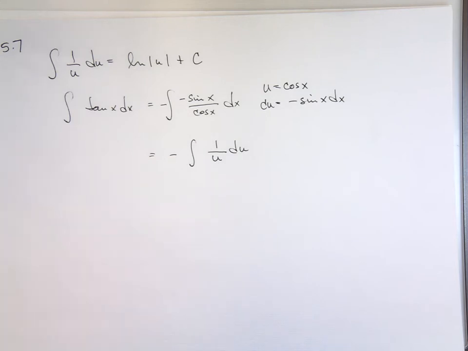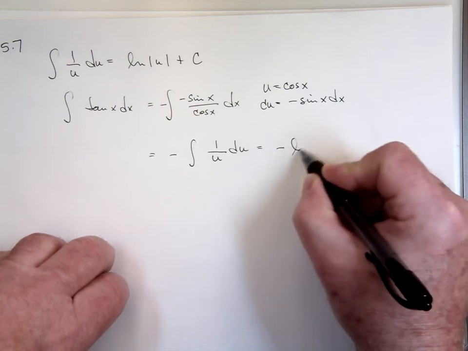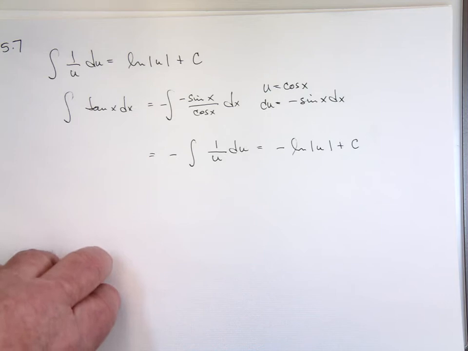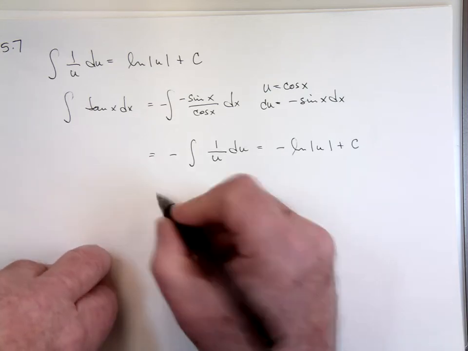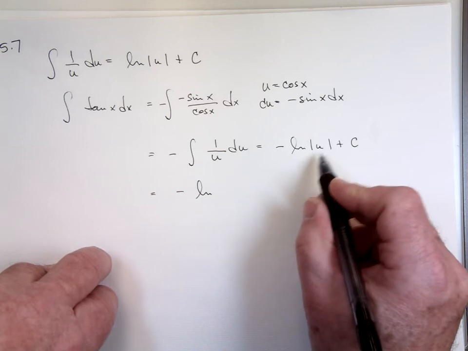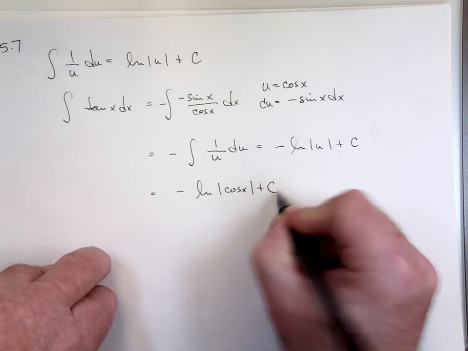That's equal to the opposite of natural log, absolute value of u. U is cosine.